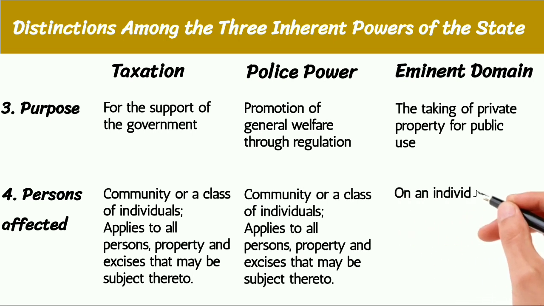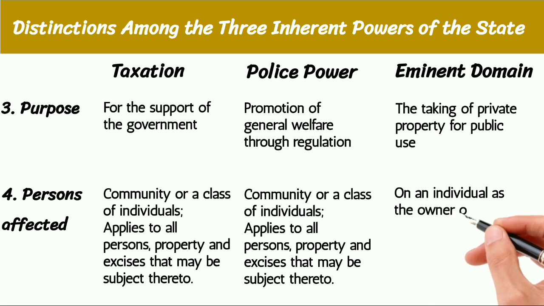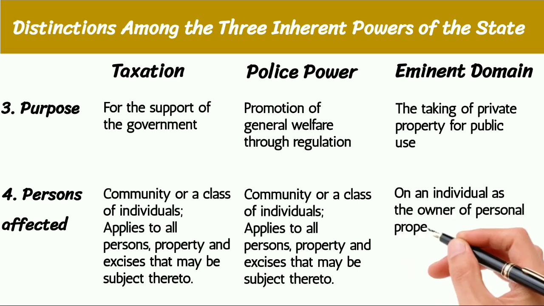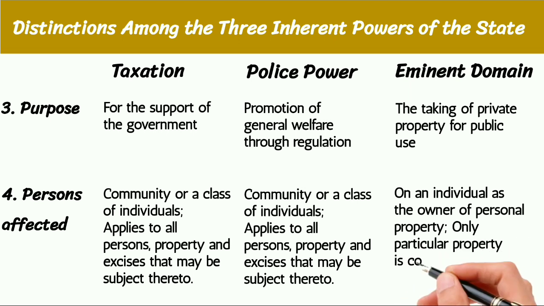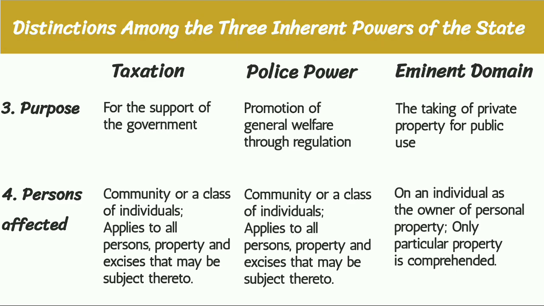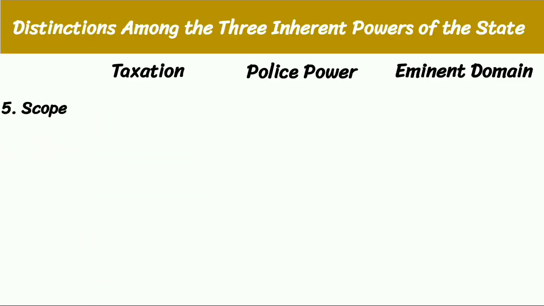Sa power of eminent domain naman, on an individual as the owner of personal property or private property. It only pertains to a particular property na kailangan ng gobyerno. Next, scope.